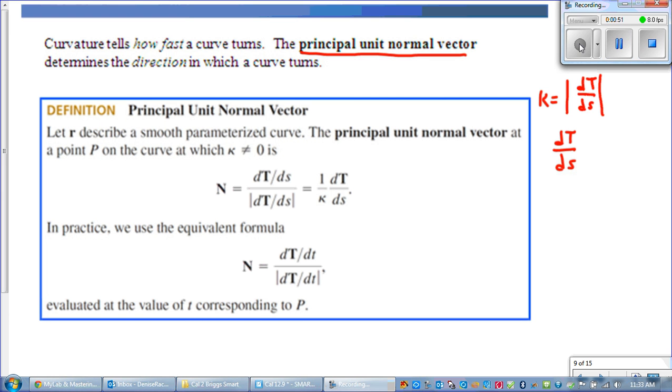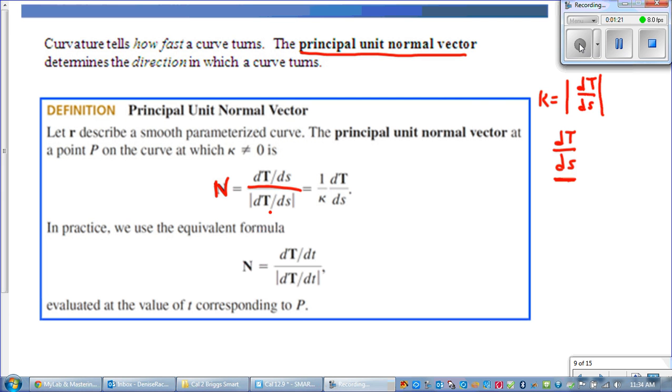To do that, we don't care about the length of the vectors. We just want to focus on direction. So we'll start by taking a unit vector in the same direction as this dT/ds. If we take dT/ds and divide by its magnitude, we get what's called the principal unit normal vector.